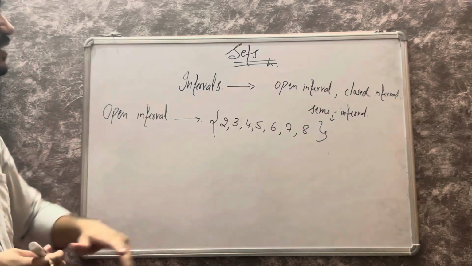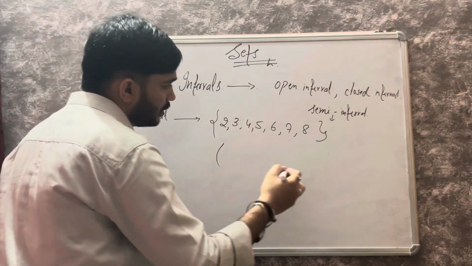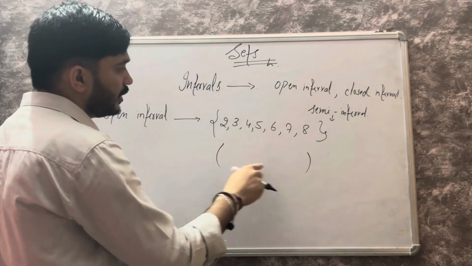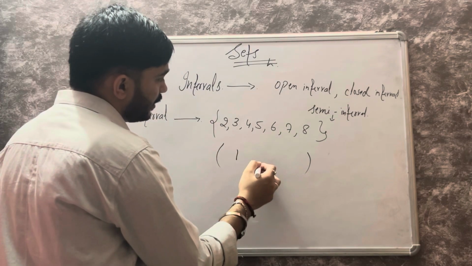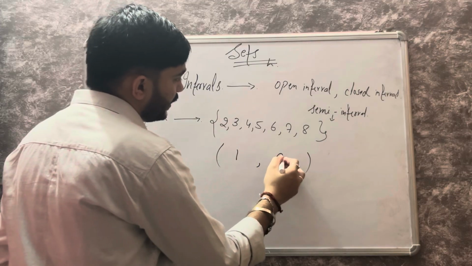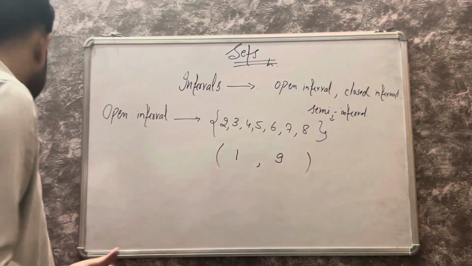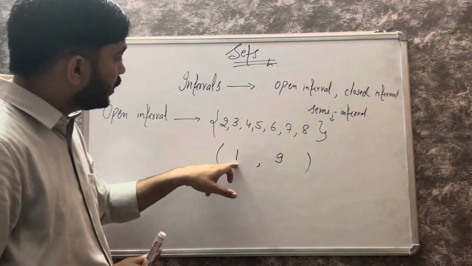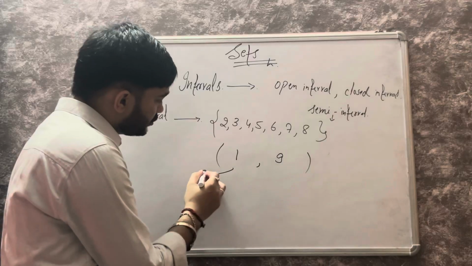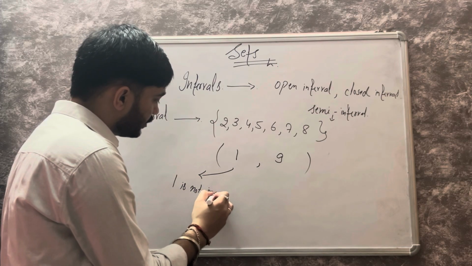If we have to represent this in the form of an open interval, how can we say that? Just make two brackets like this and write the value 1 here and the value 9 here. Why are we writing 1 and 9 here? Firstly, because 1 is not included here.